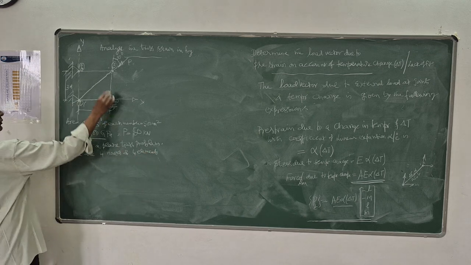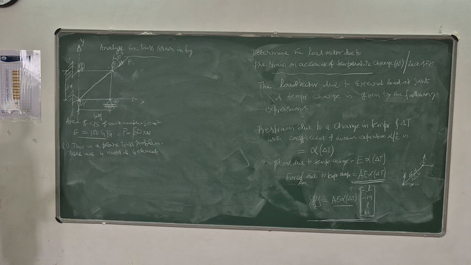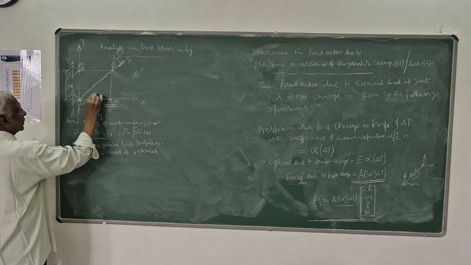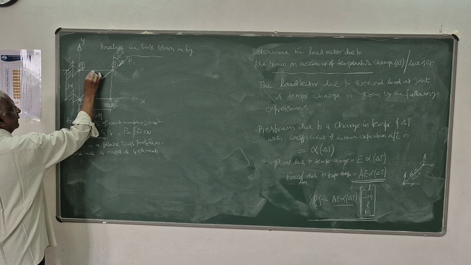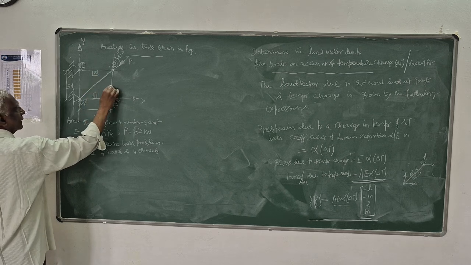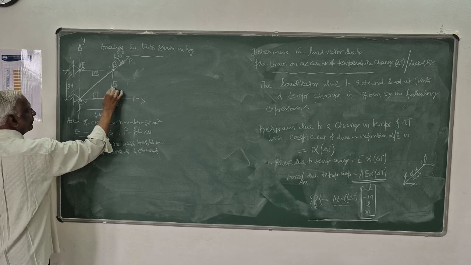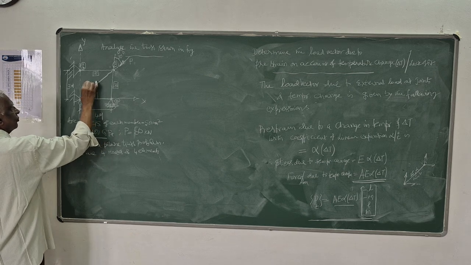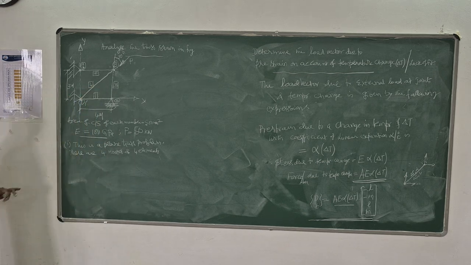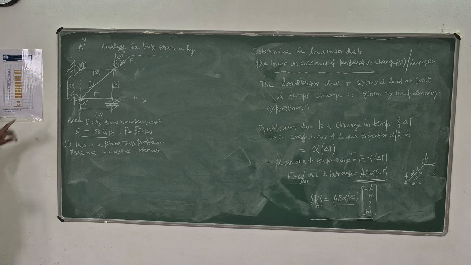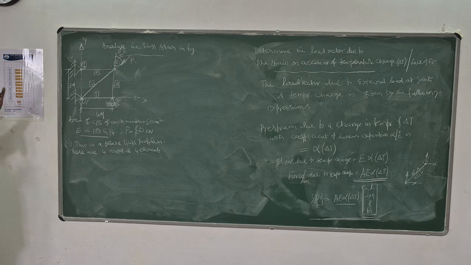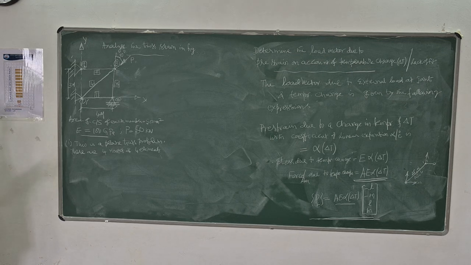So these 1, 2, 3, 4 are the nodes. You call this the first element, second element, and third element. This is the fourth element. Only the numbering of nodes should be such that the minimum bandwidth criterion is satisfied.